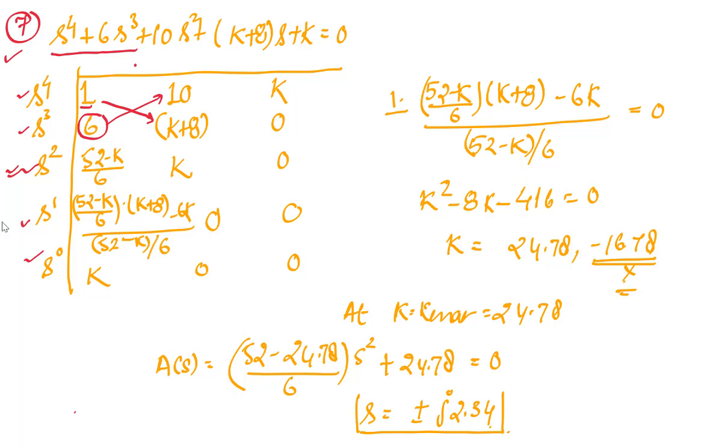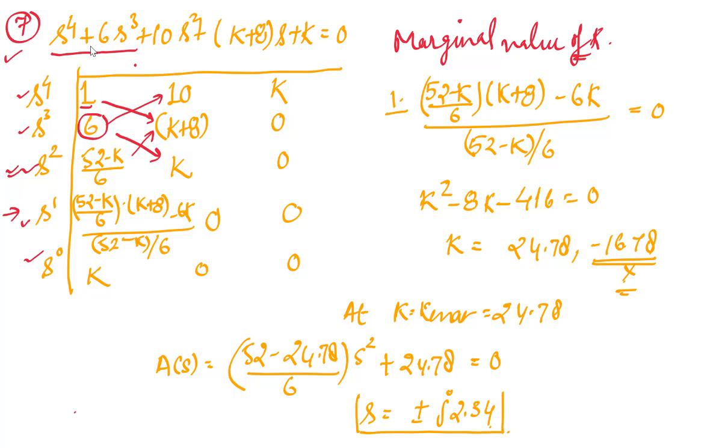So next row will be completed as multiply this minus this divided by this whole quantity, right? So this will be completed. Similarly, we will get the row s to the power 0 as k, right? So in order to get marginal values, we have three conditions.